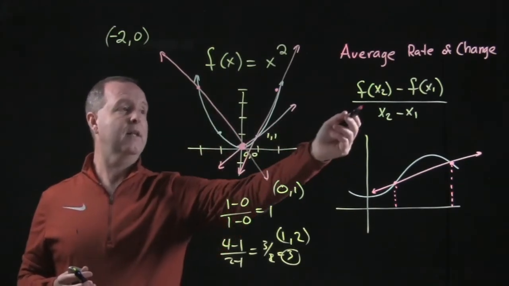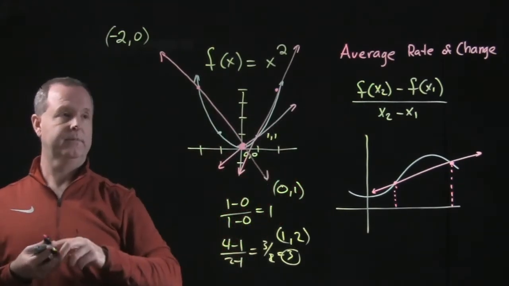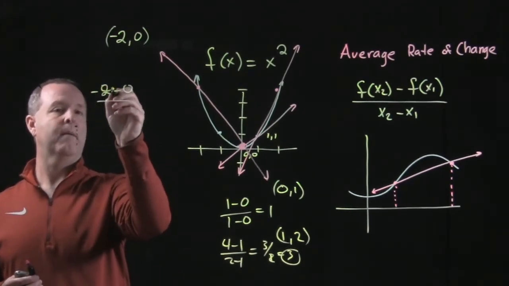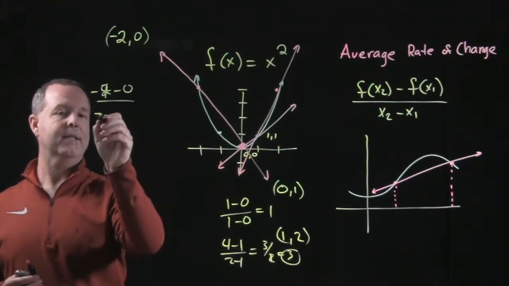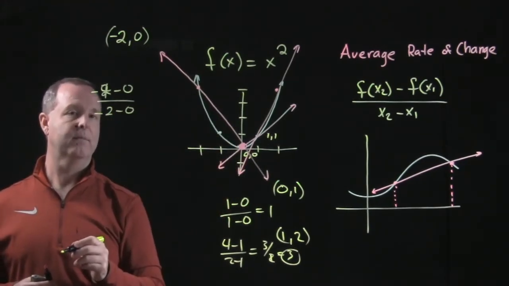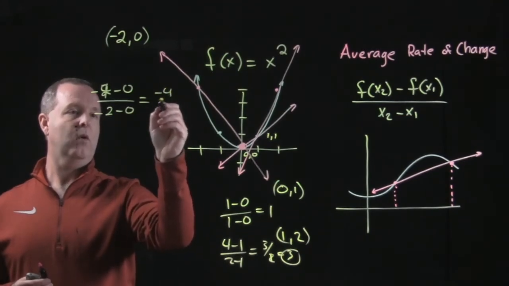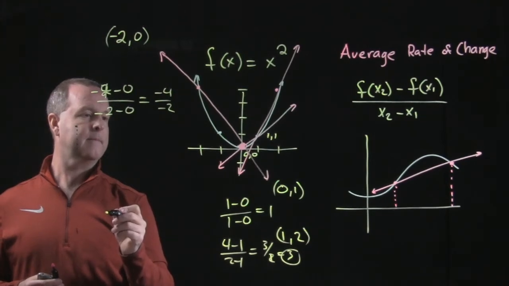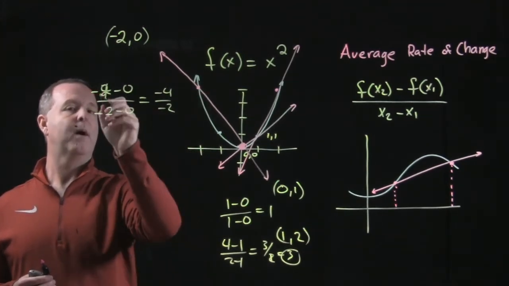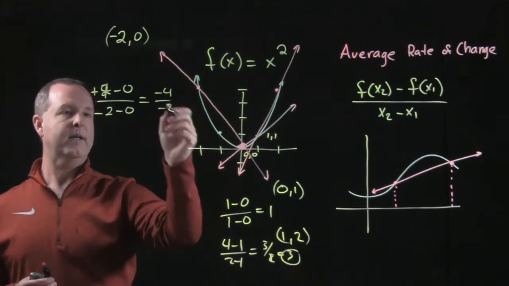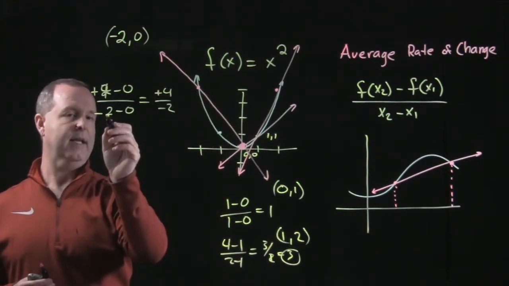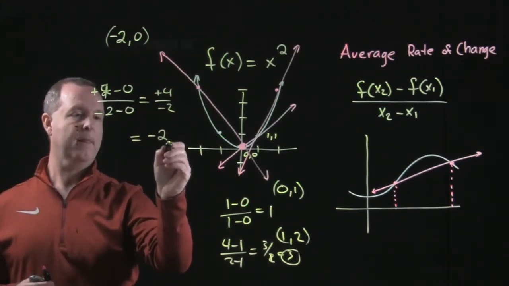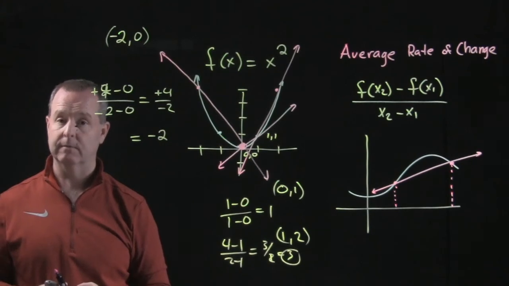The slope of that line: that's 4 up there, 4 minus 0, and it has a run of -2 minus 0. 4 take away 0 is positive 4. The x-axis is negative: negative 2 minus 0 gives me a negative 2. So I have a slope on that interval of negative 2.